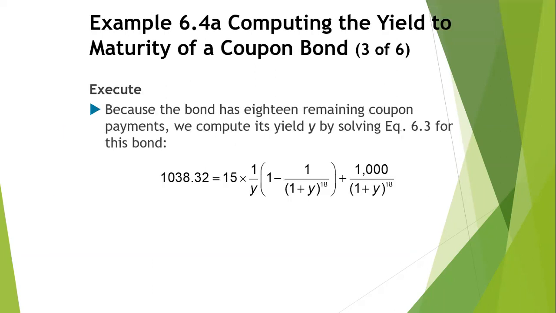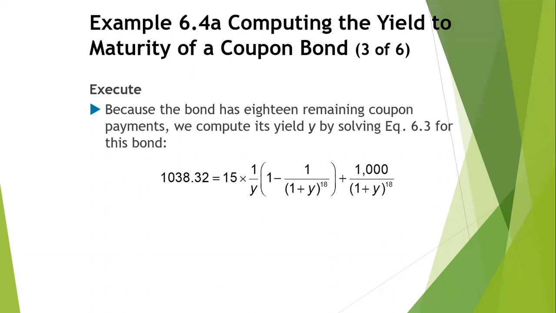To execute, because the bond has 18 remaining coupon payments, we compute its yield, Y, by solving equation 6.3 for this bond.